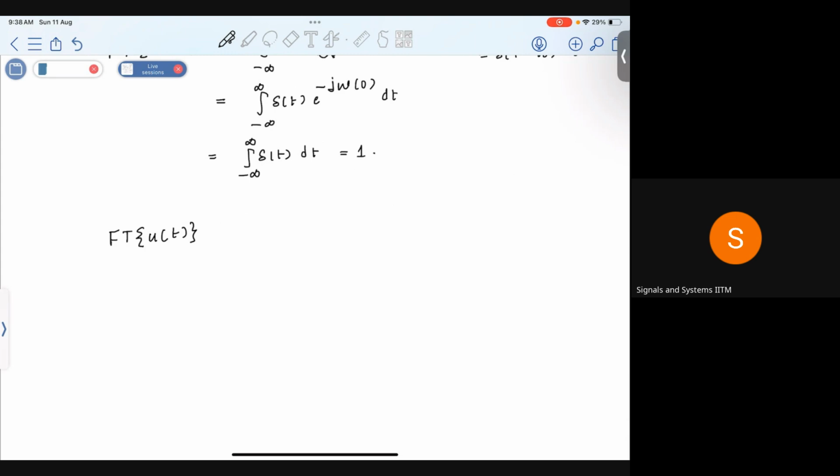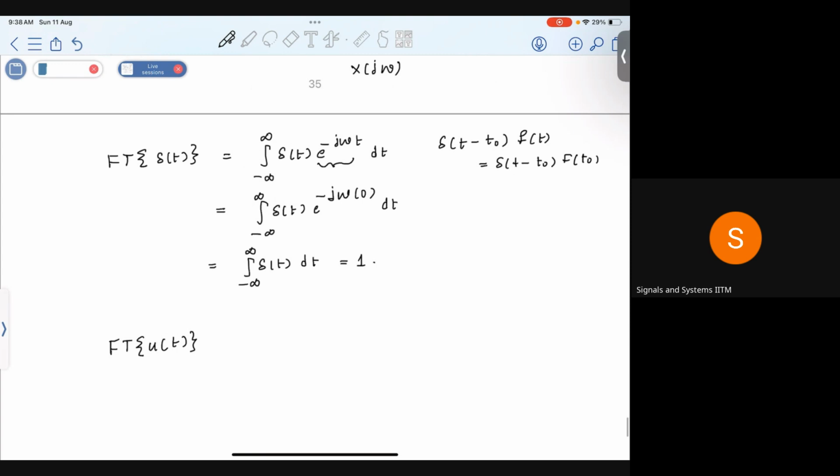So you shouldn't be confused with finding the Fourier transform for the delta function. But try to understand how the Fourier transform came for the unit step function. I'm not going to do this, but this is an important thing, okay? It's already done in your lecture video.